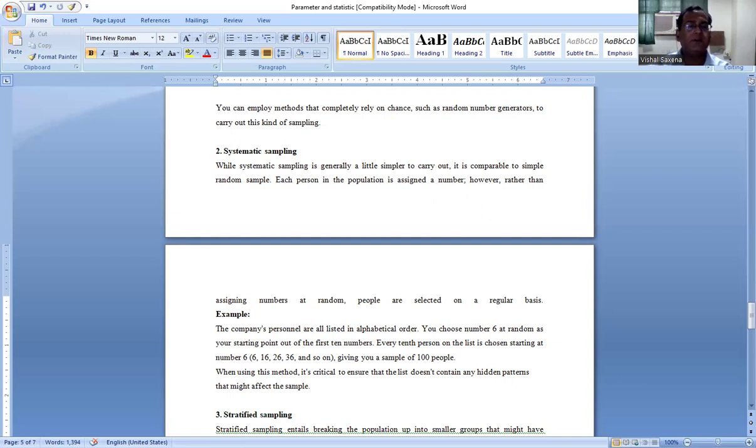When using this method, it is critical to ensure that the list does not contain any hidden parameters. That is very important for this kind of sampling, because if we want good results, the population must be arranged in a systematic order, meaning no particular hidden pattern should exist there.